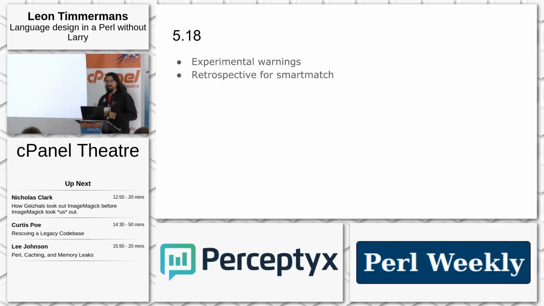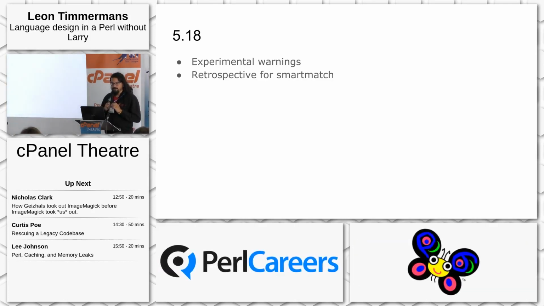So yeah, in 5.18 we introduced something new, and that's one of the most important changes in our process of the last decade. We added experimental warnings to all new features. These would be added for at least 2 releases, and this gave us some leeway of changing or even deleting the feature entirely.